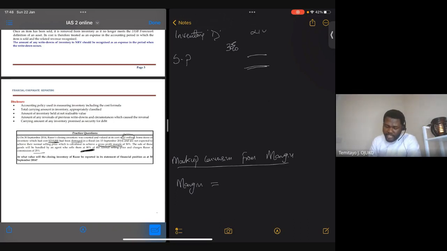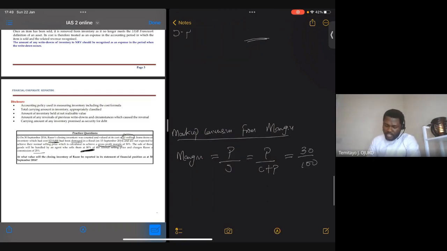Now, margin is profit over sales, which is equals to profit over cost plus profit. 30 over 100, right? Now, my markup is profit over cost.